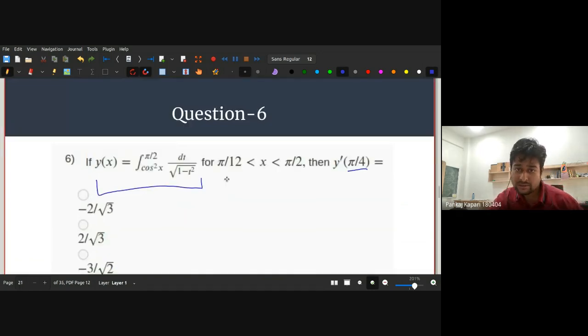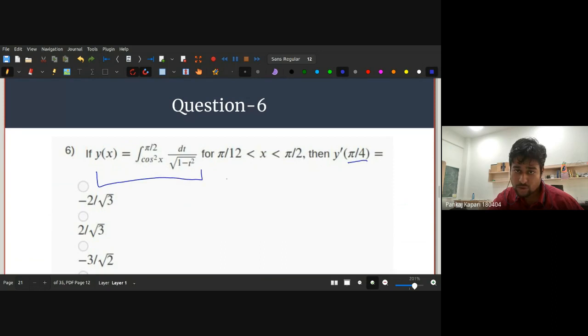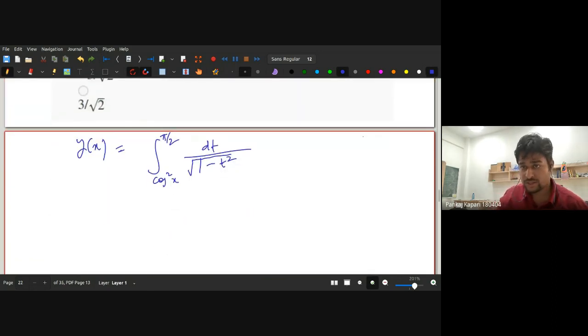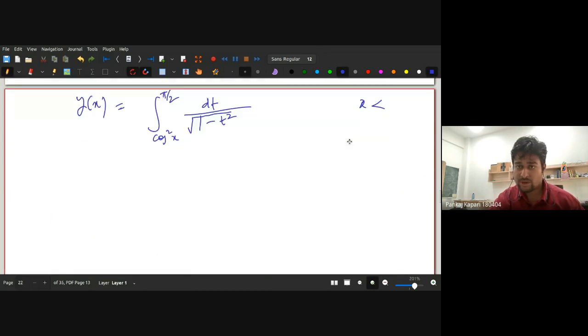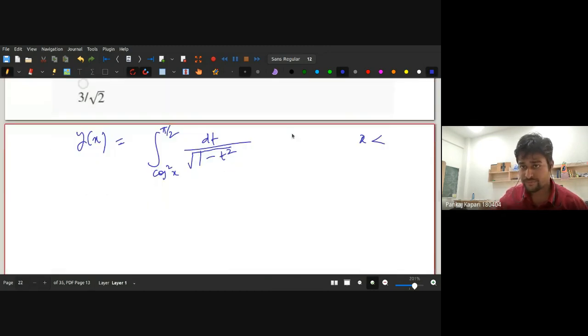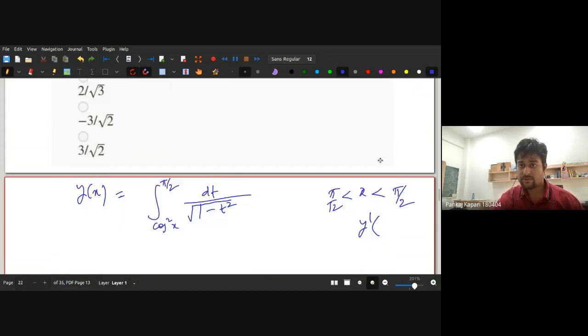And the domain of the function is also given. What is the domain of this function? It lies from pi by 12 to pi by 2. And we have to find the derivative at pi by 4.